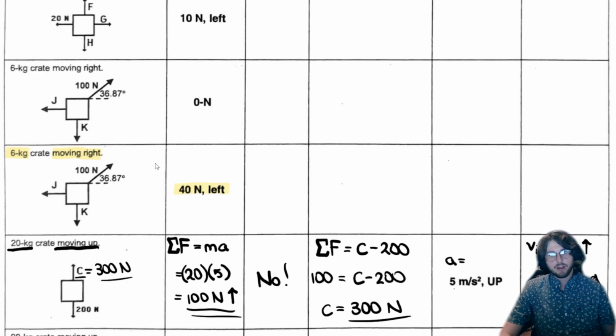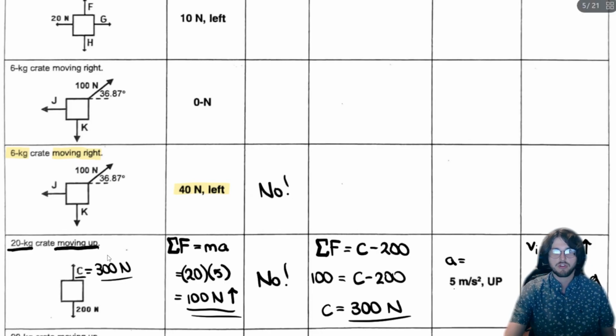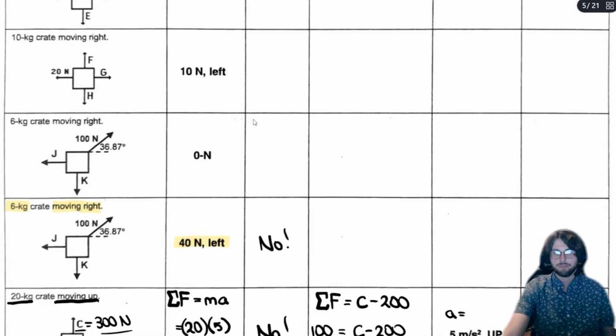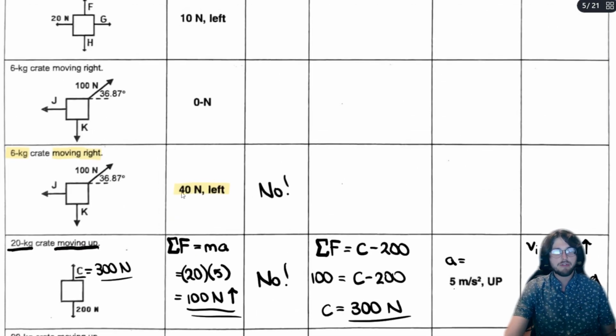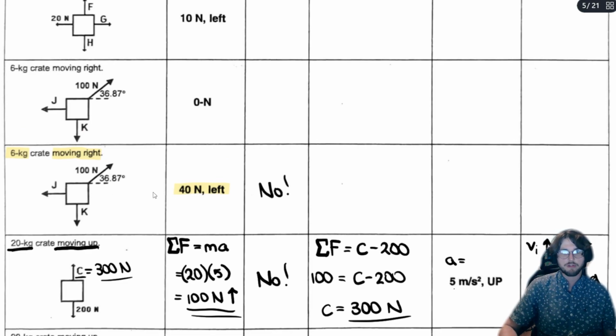All right. So where to begin with this one is really just to first state that we are going to expect to have some acceleration here. The forces do not balance out. From that, we have a couple of options. First off, we've got to split everything into horizontal and vertical.